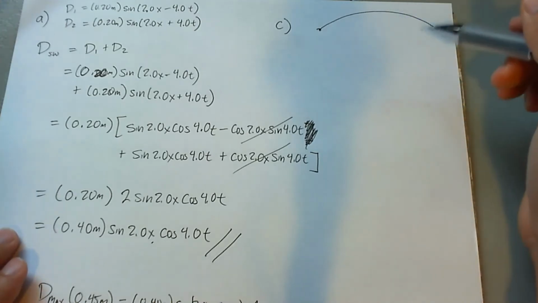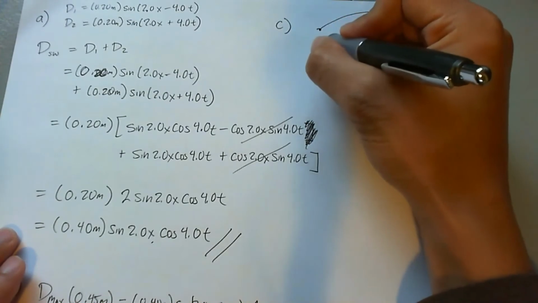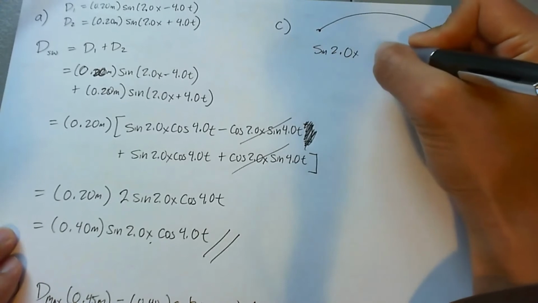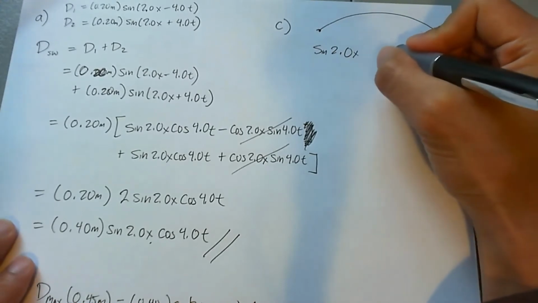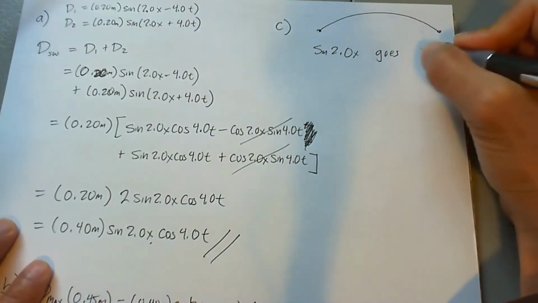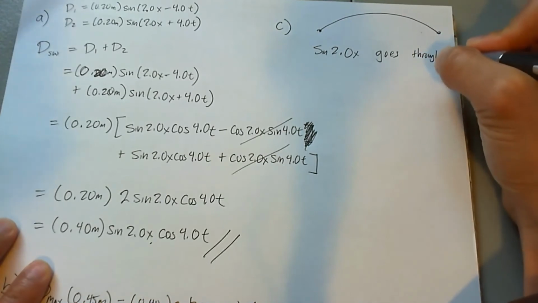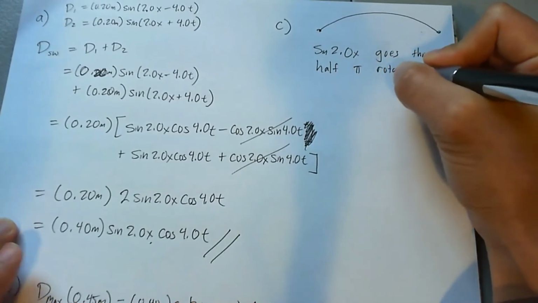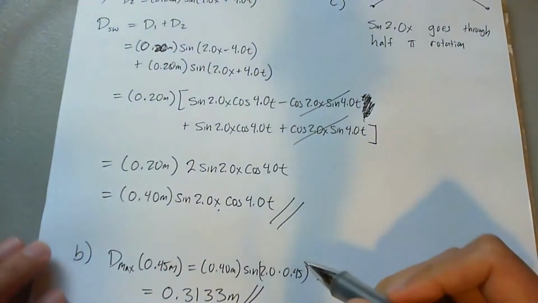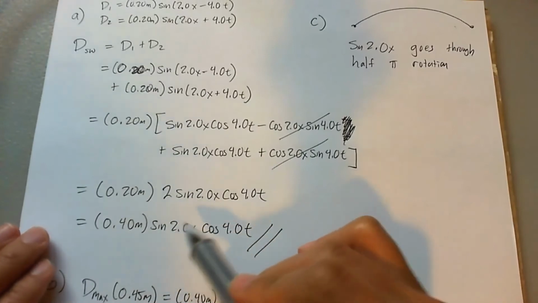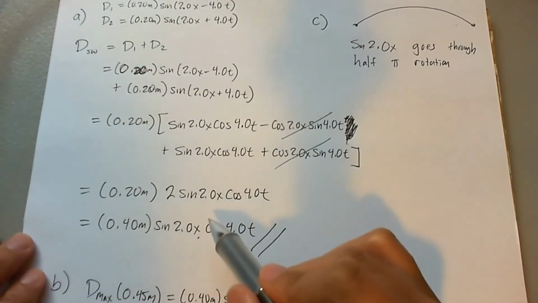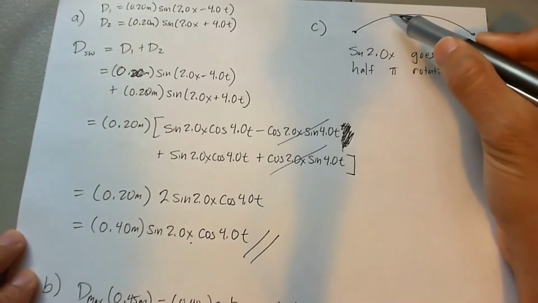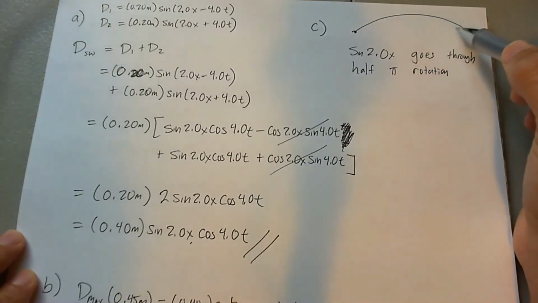So we look at the lowest frequency of the standing wave, and we see that sine of 2.0x goes through only a half pi rotation in that case. Looking again at this function, we know that through space at the lowest frequency, the displacement function goes up as x increases, and then it's going to go back down as x increases.